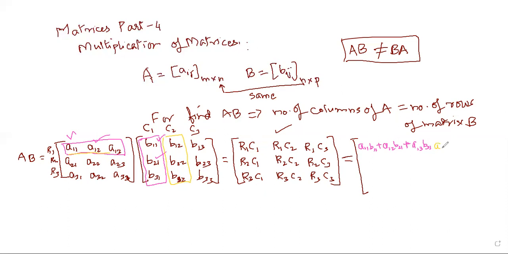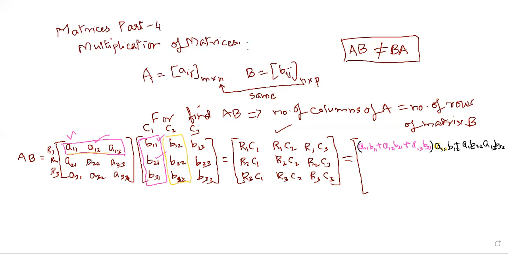A11 is multiplied with B12, plus similarly A12, first row with second column, B22, and similarly A13 will multiply with B32, and so on. Then you will get the second element. This is just for making you understand, do not write in brackets.